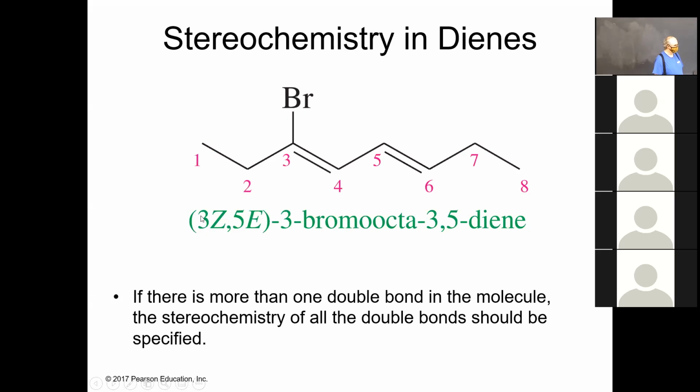That means the configuration between 3 and 4 is Z, between 5 and 6 is E. 3-bromo, and then we also indicate, seems redundant, but we also indicate the positions of the double bonds. So this is 3,5-diene. Okay, I'm going to stop there since I'm out of time, and we'll pick this up again on Friday.